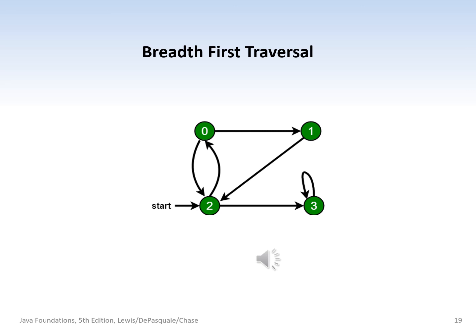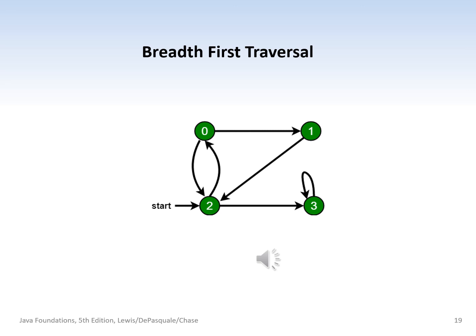So let's look at an example using the graph on this slide. In this graph, we start traversal from vertex 2. When we come to vertex 0, we look for all adjacent vertices of it. 2 is also an adjacent vertex of 0.